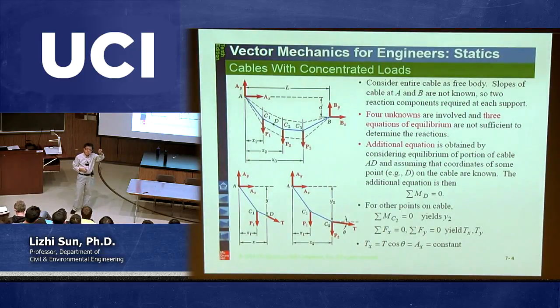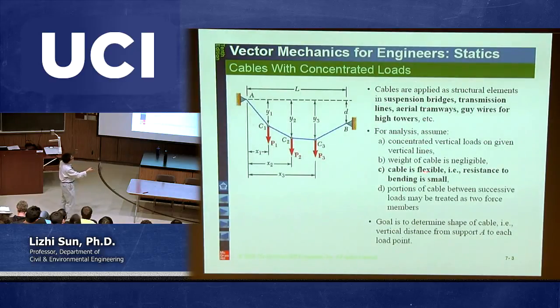That's called M. But if this is a cable, there's no internal moment because it's very flexible. That's why when we talk about cables, I highlight here: cable is flexible. In other words, resistance to bending is very small. Very small means you ignore it.